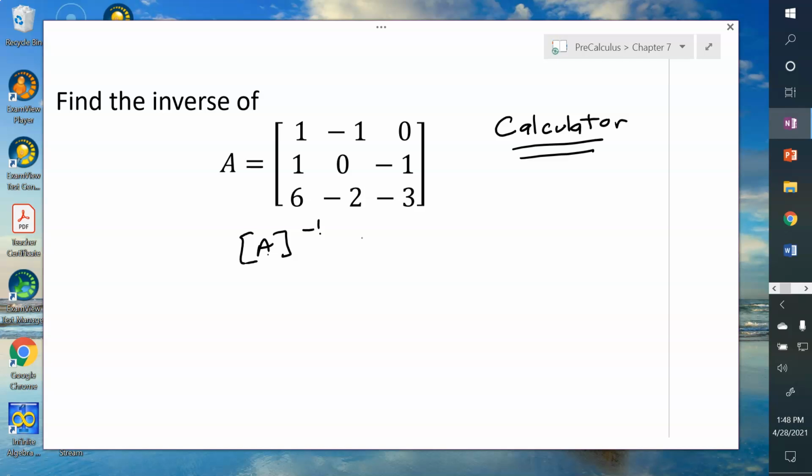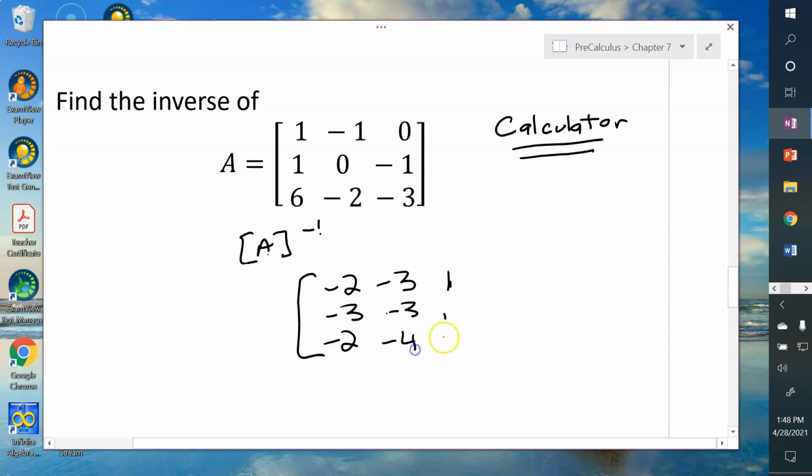So I'm going to get matrix A, and I'm going to hit my inverse button. And when I invert it, this is what I got. -2, -3, 1, -3, -3, 1, and then -2, -4, 1. So that's your inverse of matrix A.